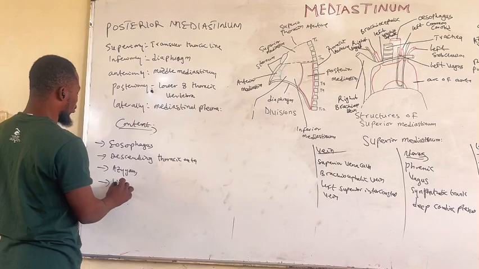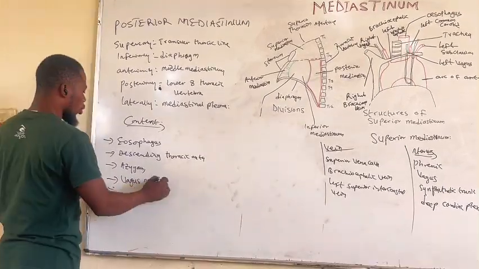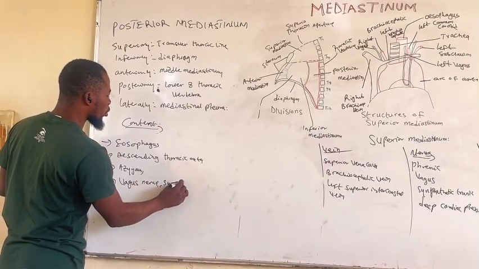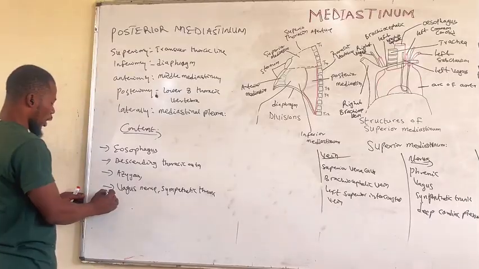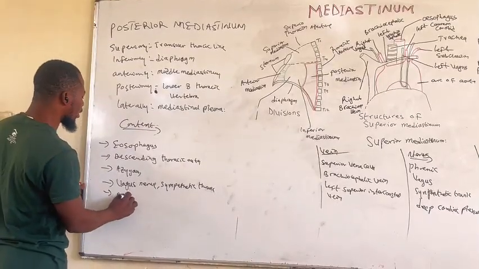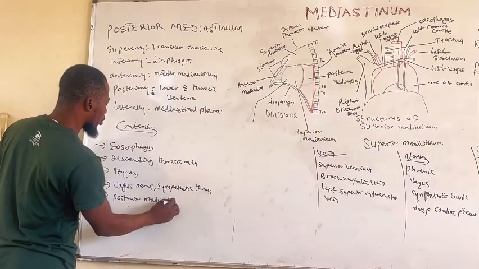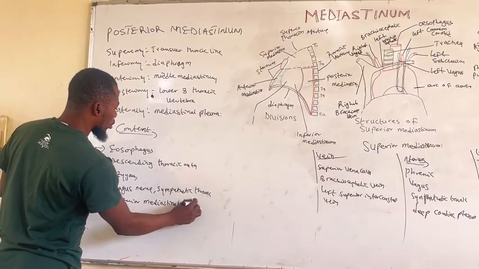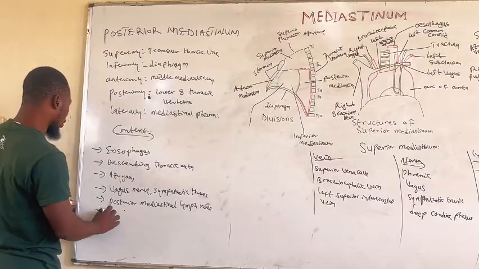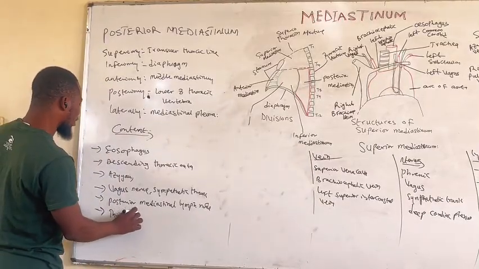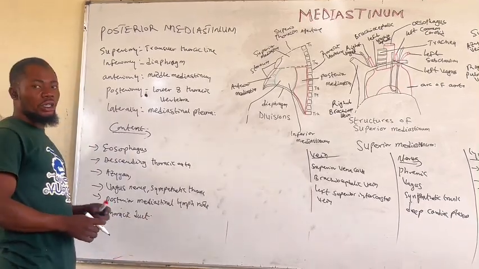There is the vagus nerve, also the sympathetic trunk. There is also the posterior mediastinal lymph node, and there is the thoracic duct. So these are the contents of the posterior mediastinum.